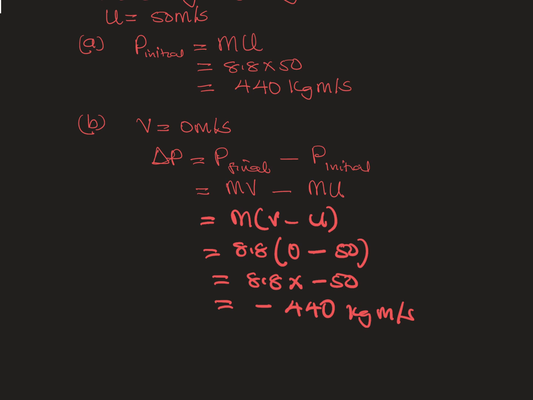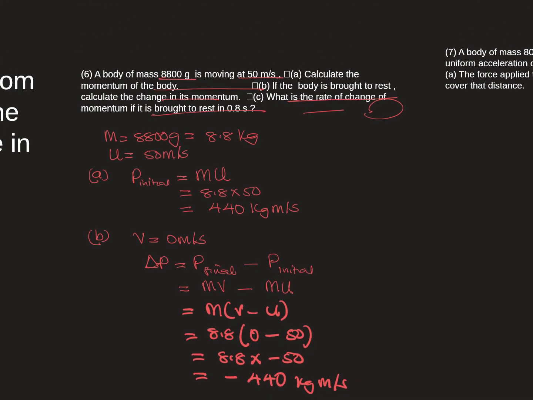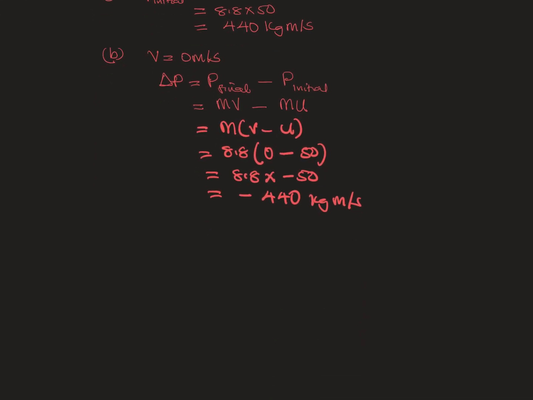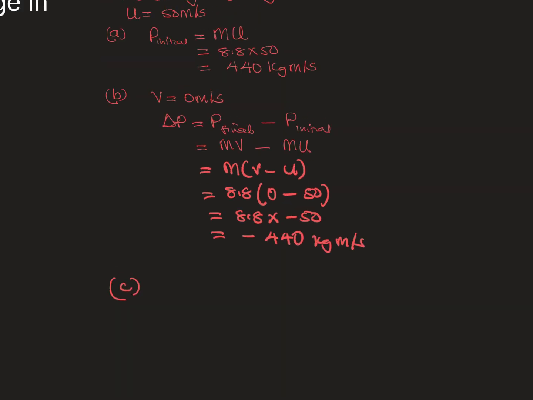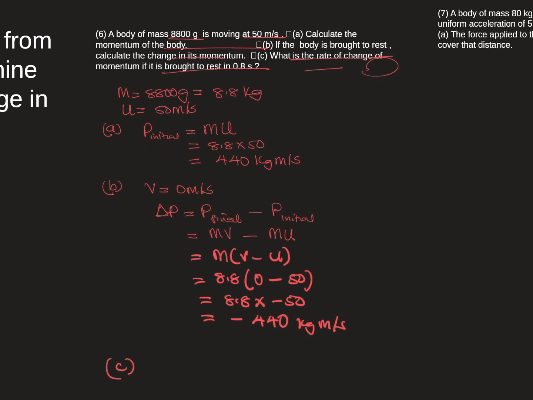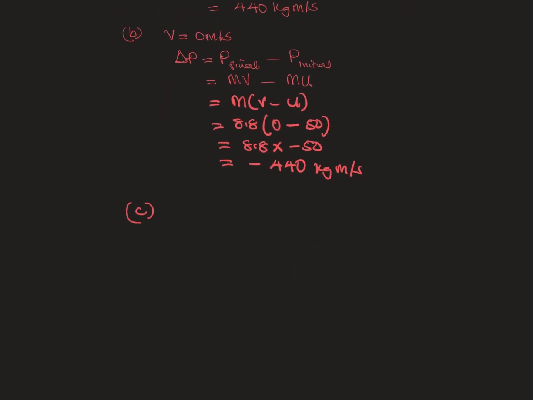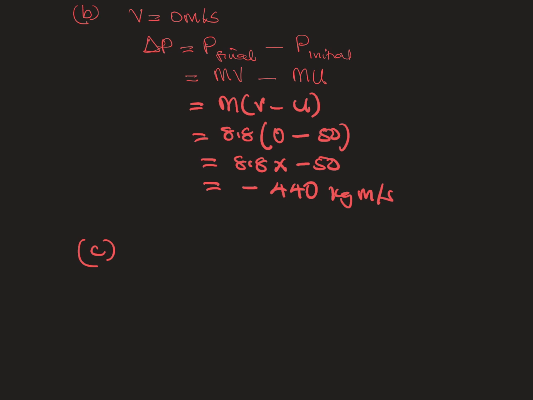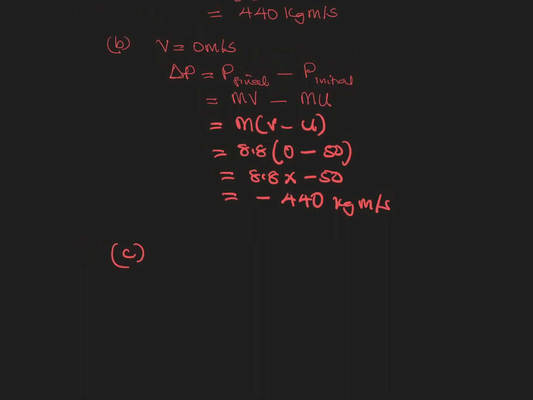So moving on to answer question C, which says, what is the rate of change of momentum if it is brought to rest in 0.8 seconds? So when you are talking about rate, you're talking about dividing something by time. So it asks us the rate of change of momentum, which means we are going to take the change of momentum divided by time.